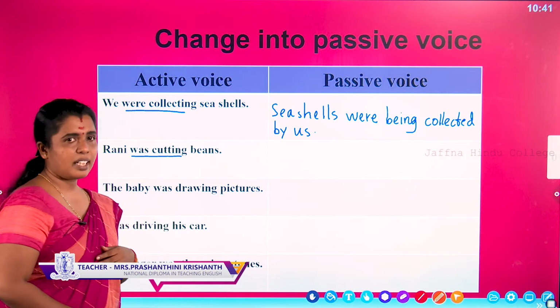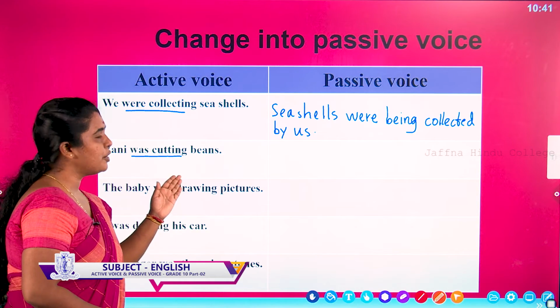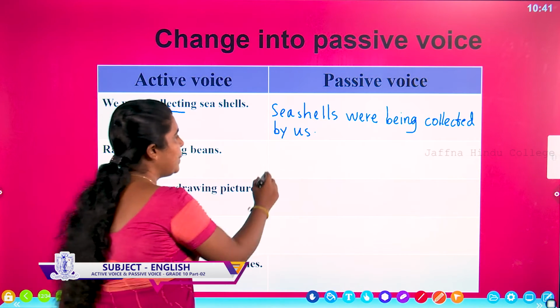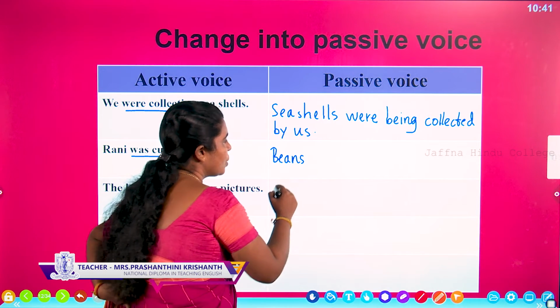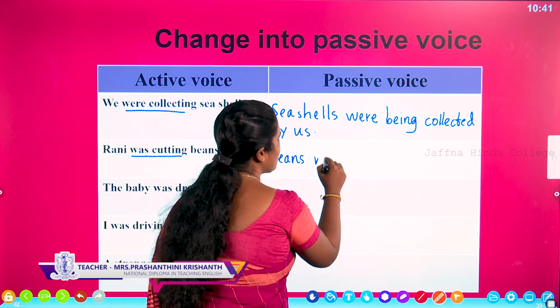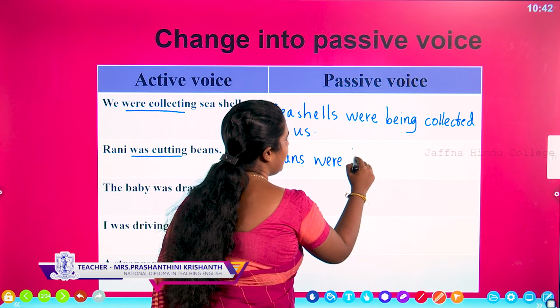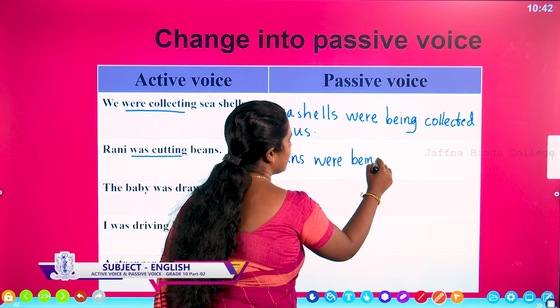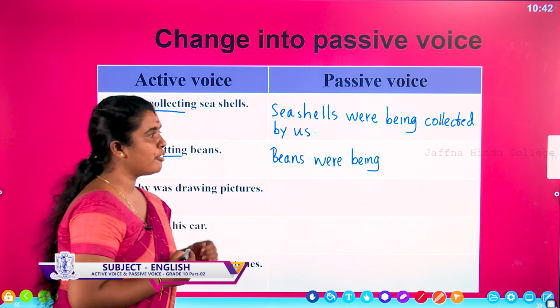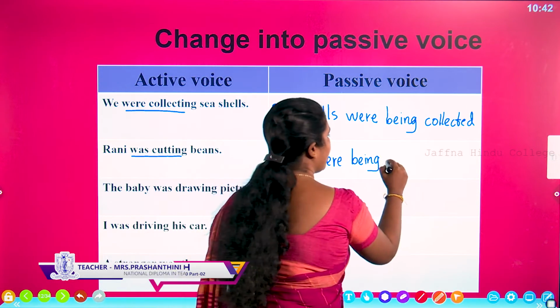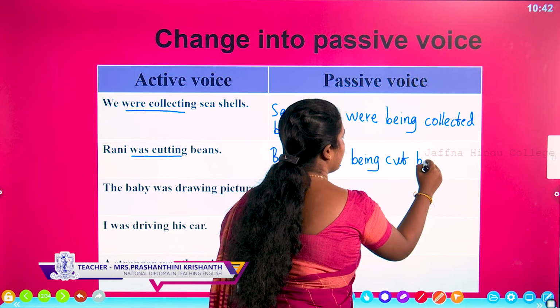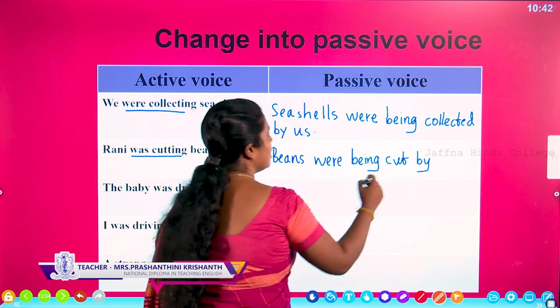The next one, Ronnie was cutting beans. Was cutting, right? So we have to take the object first, beans, were, right? Plural form. So were, being, past participle form of the verb, cut, same, right? Being cut by, who is the doer?